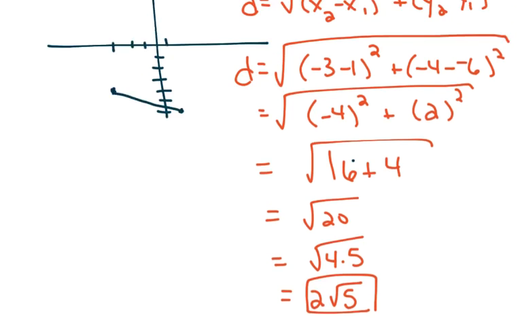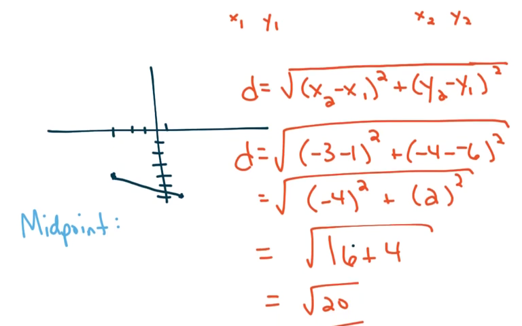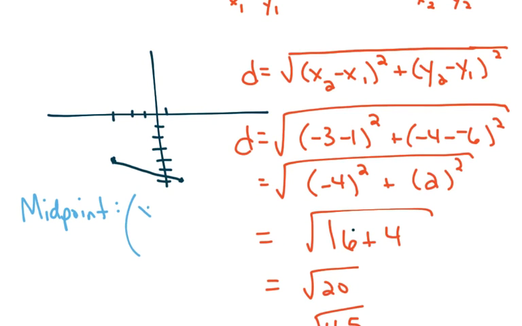Now the midpoint formula. The midpoint formula is just the average of the x values and the average of the y values. So you just add the x's, divide by 2, add the y's, divide by 2. And the midpoint is an ordered pair because it's a point.